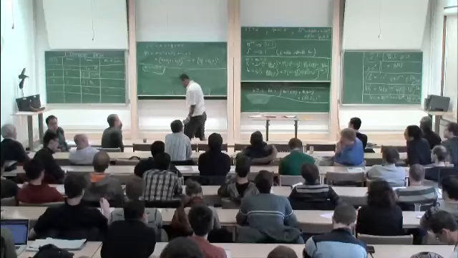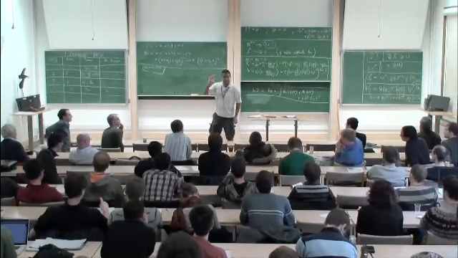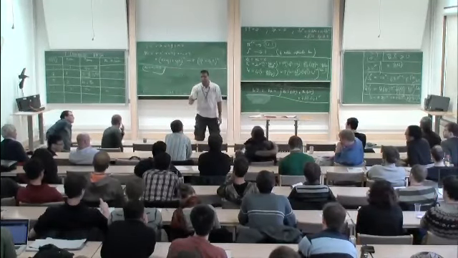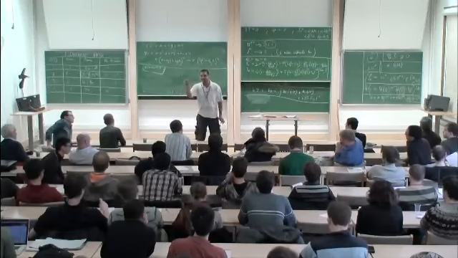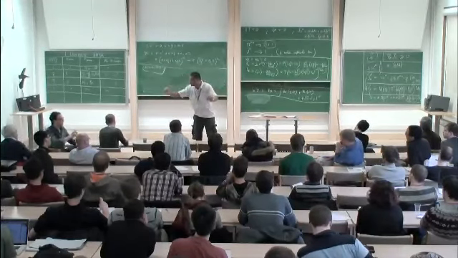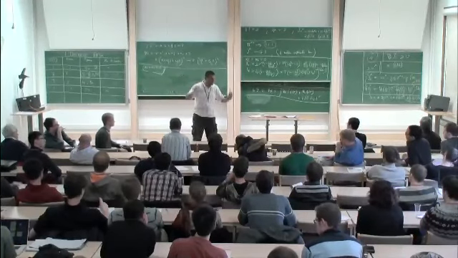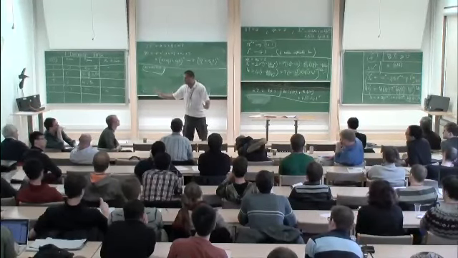Okay, let me address the first question first. You see, this goes back again and again to the question, what do you mean by a thermodynamic quantity out of equilibrium? In equilibrium, the notion of entropy is extremely well defined. It's some derivative of a partition function. Partition function is a trace over a Hilbert space, we know exactly what that means.